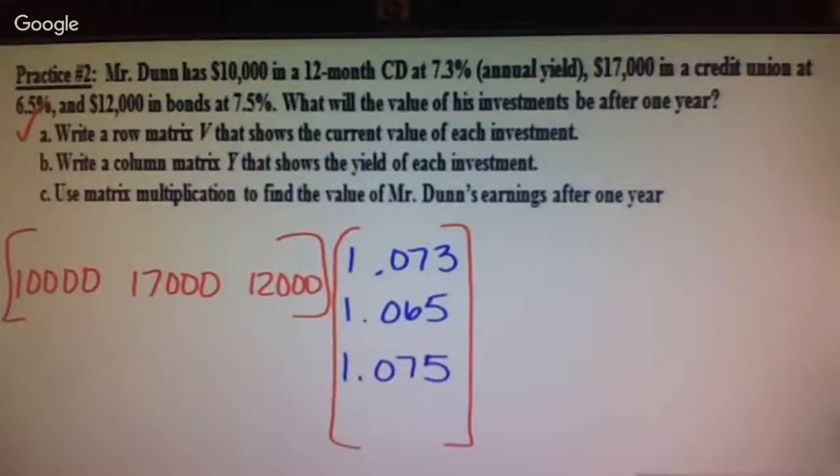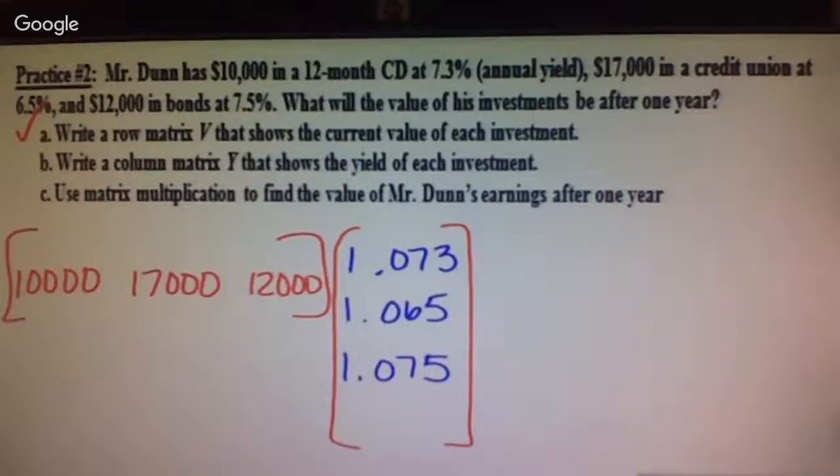Alright. I could have put something in wrong. 10,000 times that. 17,000 times. Oh, that's why. I mixed my percentages up.